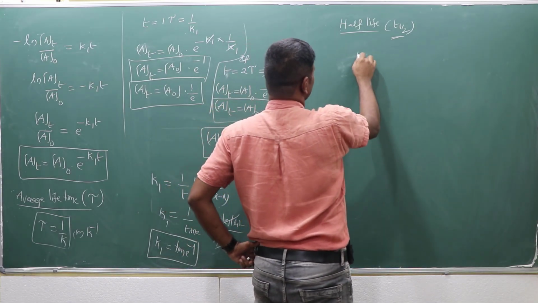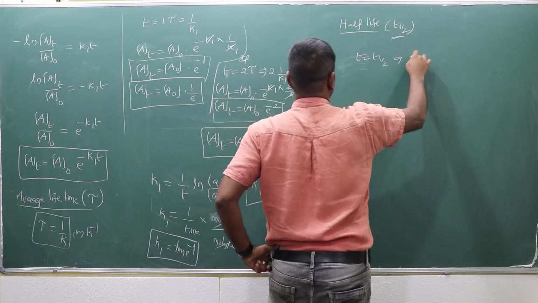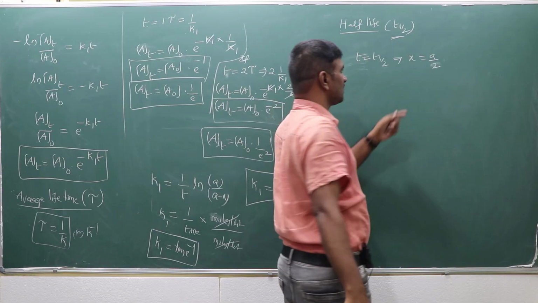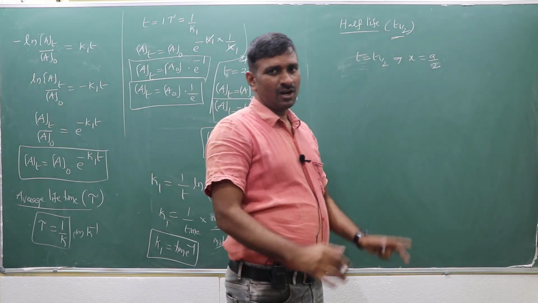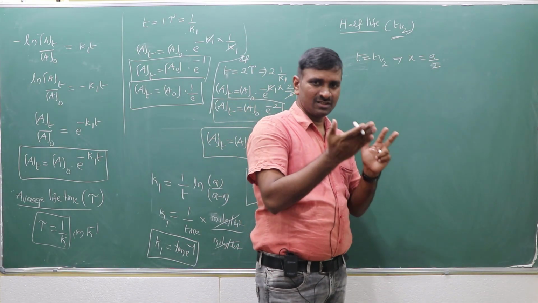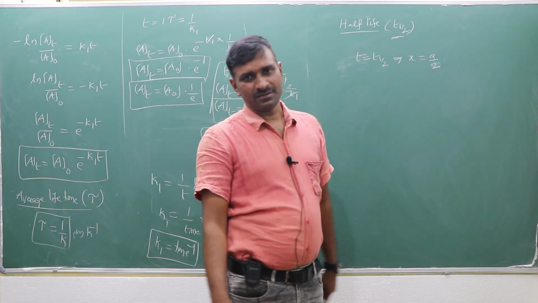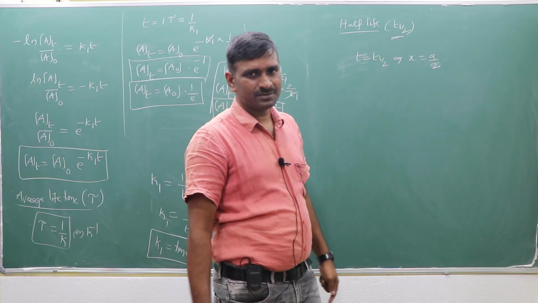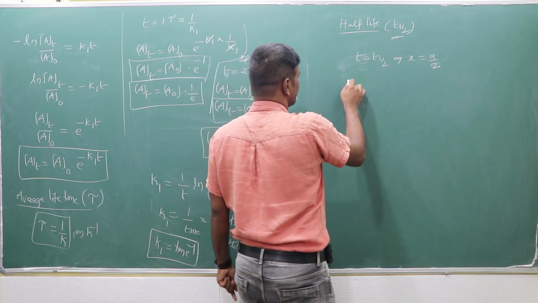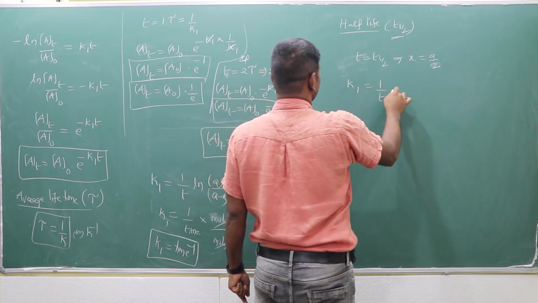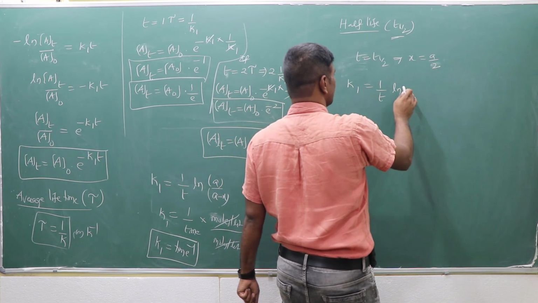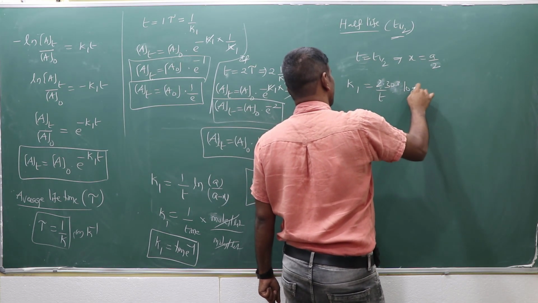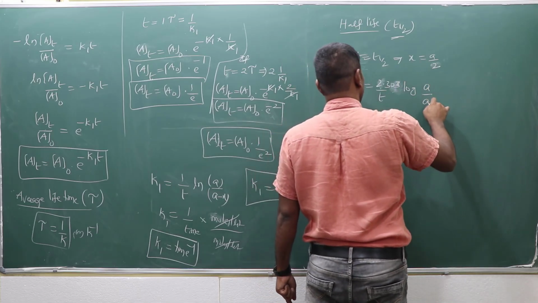When t is equal to t half, x is equal to a by 2. The initial concentration becomes half; the time required is the half-life. So if x is equal to a by 2, then t is equal to t half. You know that K1 is equal to 1 by t ln, or 2.303 by t log a by a minus x.